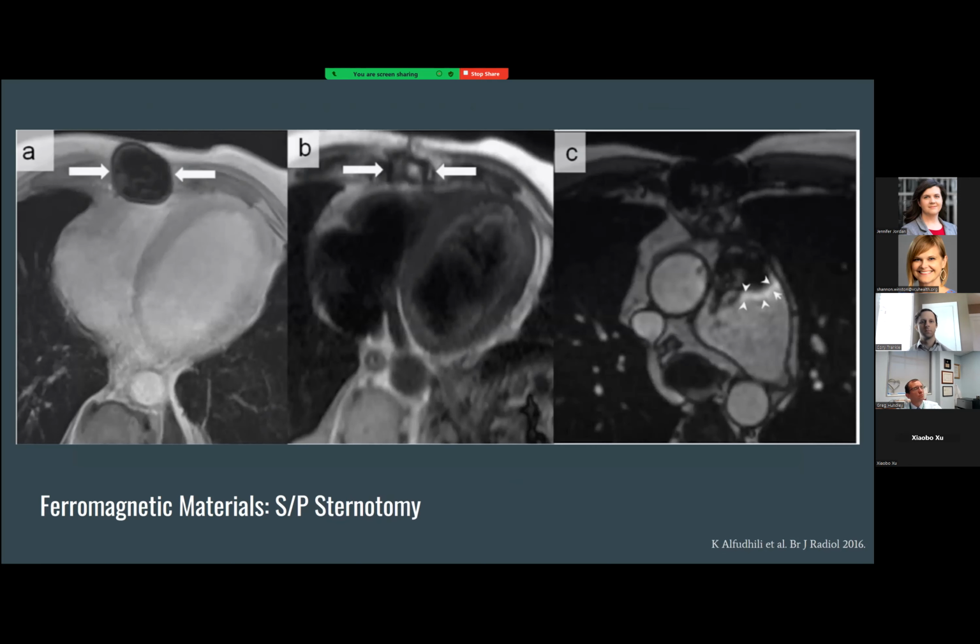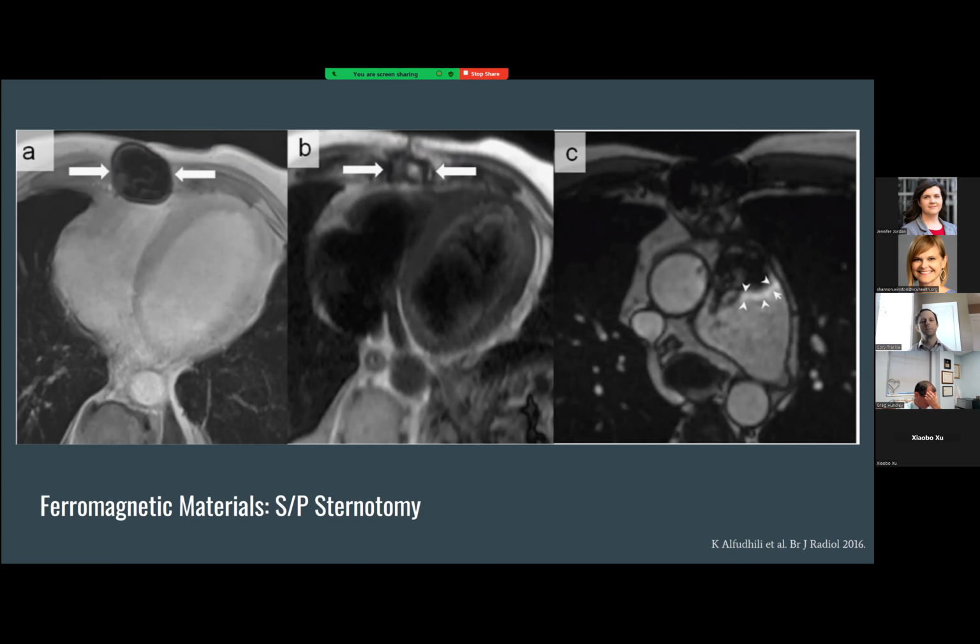Here's a patient who had a surgery as well. This was a 50-year-old congenital heart patient, and they underwent a pulmonary valve replacement for a biologic valve. The sternotomy has some metallic artifacts here in the chest wall that are apparent in our image.